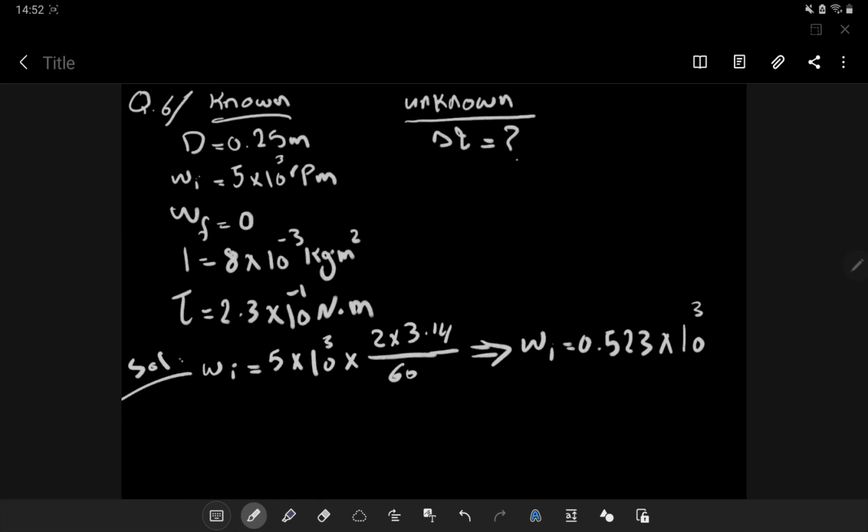Now we can find the delta t from the general equation, which is torque times delta t equal to L final minus L initial.